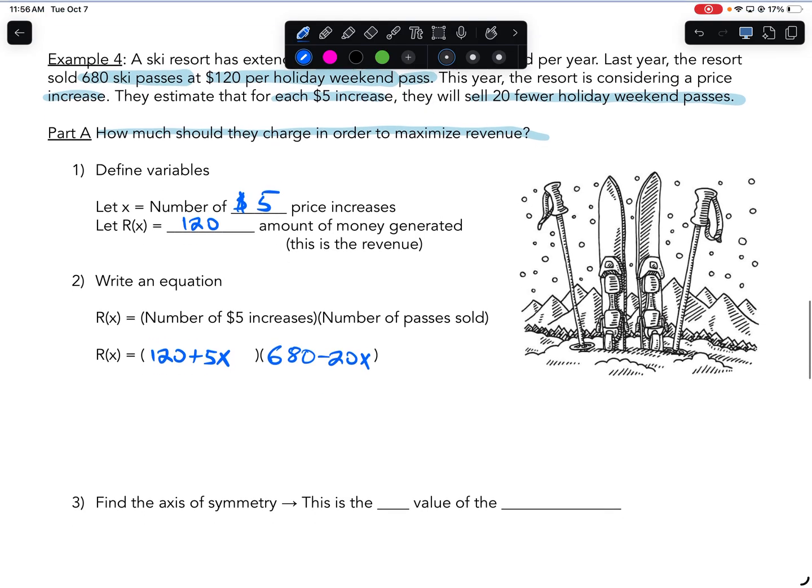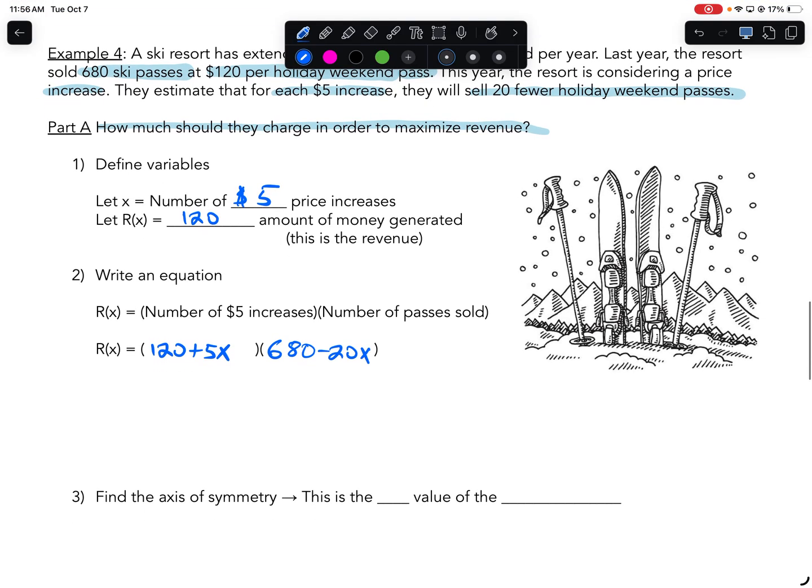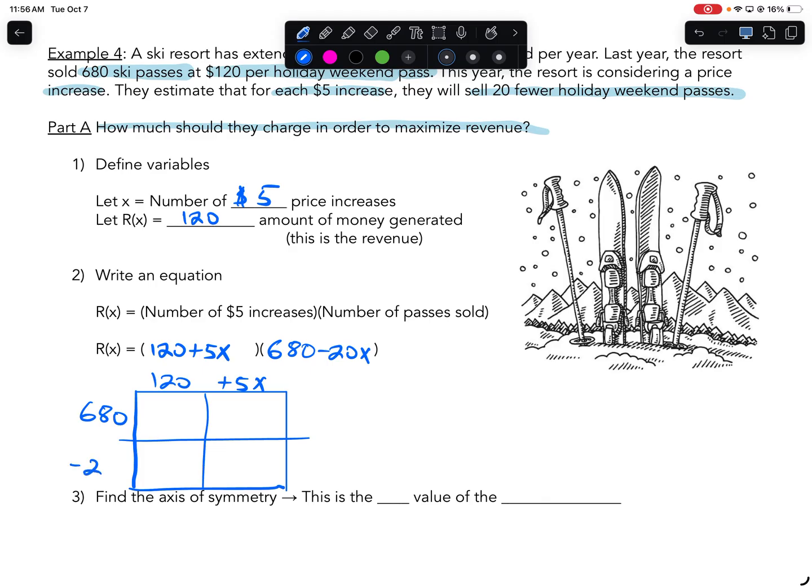So if we FOIL that, super fun. I like to use the box to FOIL because it makes it easier. So I'm going to write 120 plus 5x, 680 minus 20x. So this bottom one I can do quickly in my head. Minus 100x squared. Forgot the squared, almost.